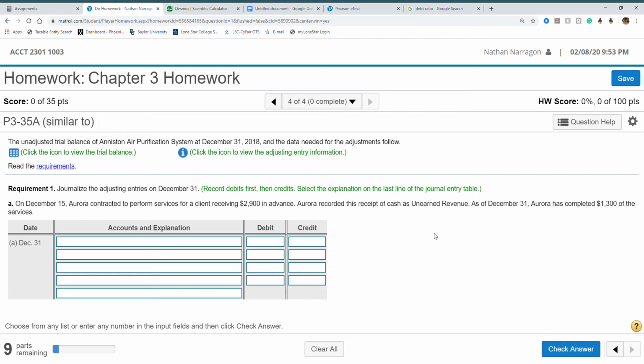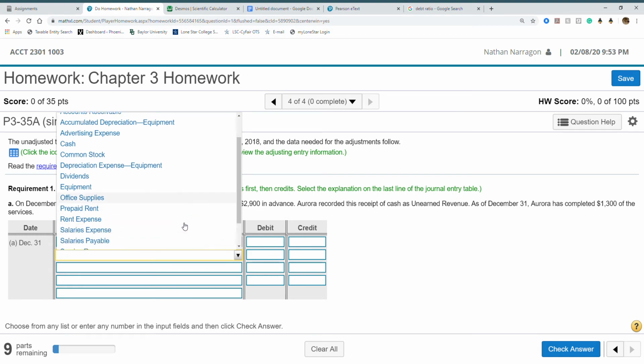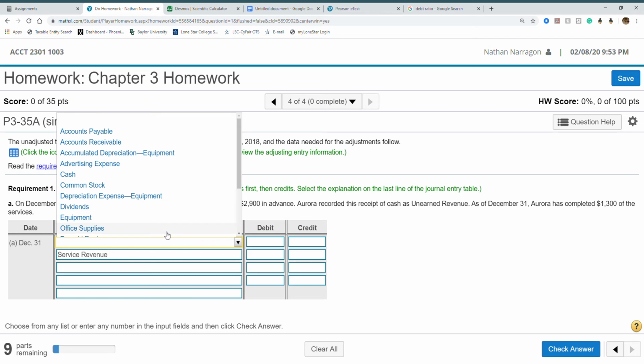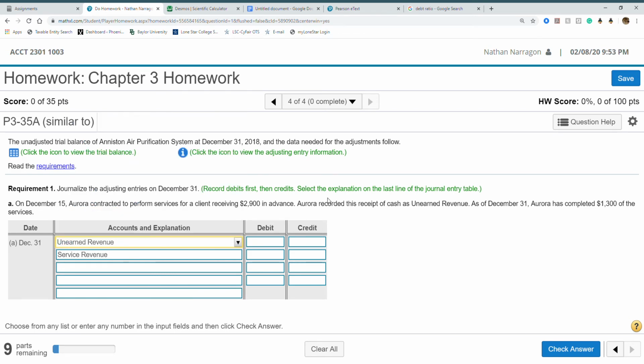So remember with this, we have completed. So when we know we've completed something, that's service revenue. We know it started unearned because this is the original transaction, so it's currently in unearned. Basically we've earned 1,300 of this amount that was paid in advance.